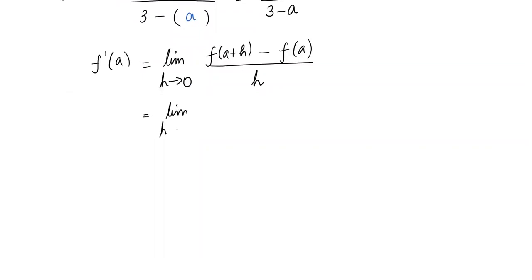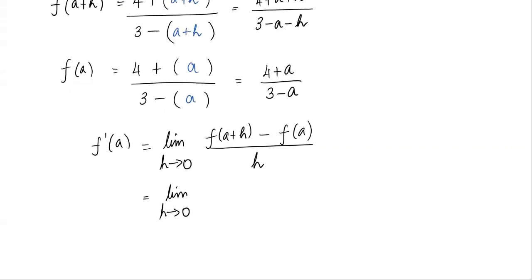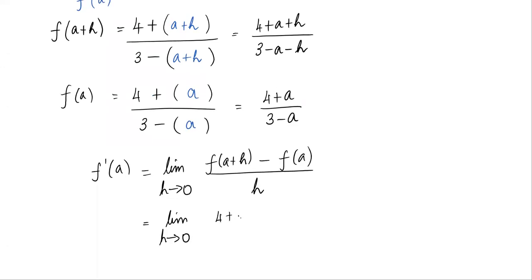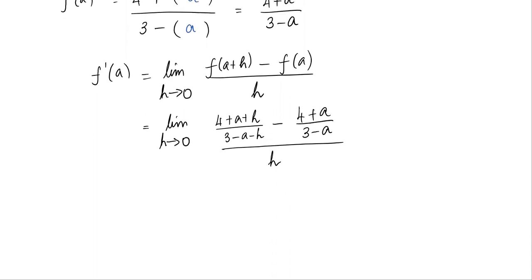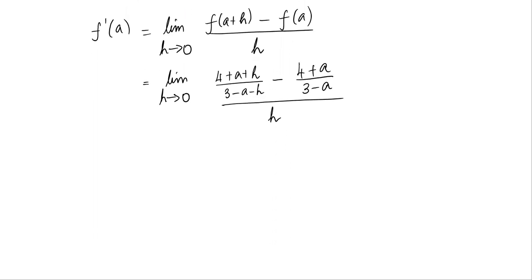Let me use what I have up here: 4 plus a plus h over 3 minus a minus h minus 4 plus a over 3 minus a. I know, it looks scary. Oh, but we have algebra. We have this toolbox, right, that has algebra and trig techniques. We just need to know what the right tool is to overcome the situation, okay?